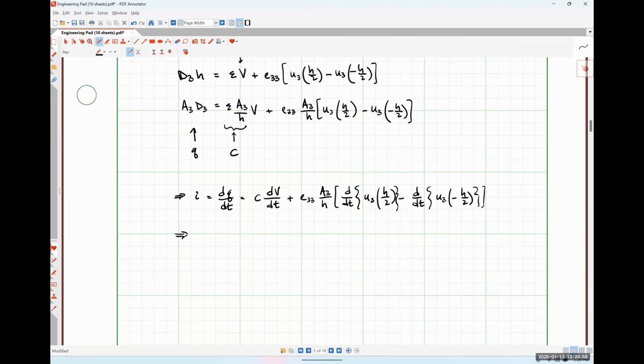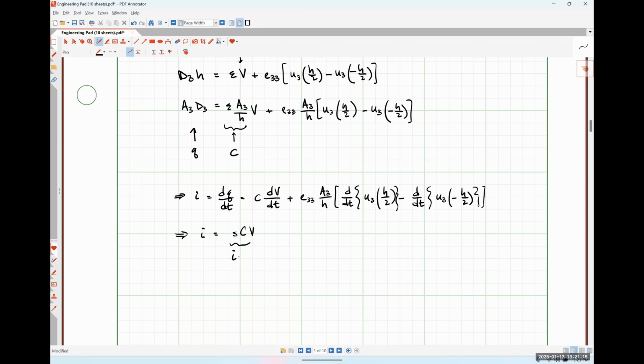And then as one last step here, going from the time domain into the frequency domain, okay? So let's say that we were going to periodically deform this thing. This gives us I is equal to SCV.